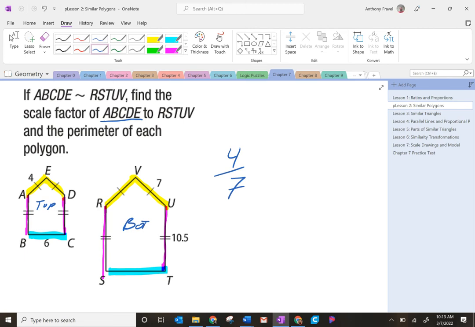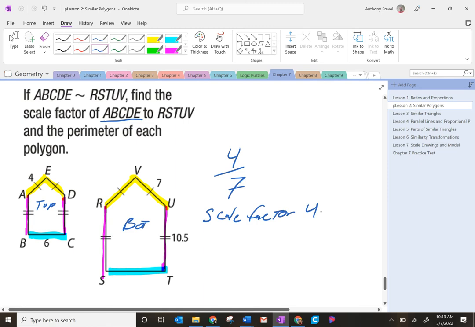You do not have to write it as a decimal unless you really want to. If it's a fraction, simplify it down to the simplest fraction you can. But this is simplified. Okay, so our scale factor, so I can say it here. My scale factor is 4 to 7.